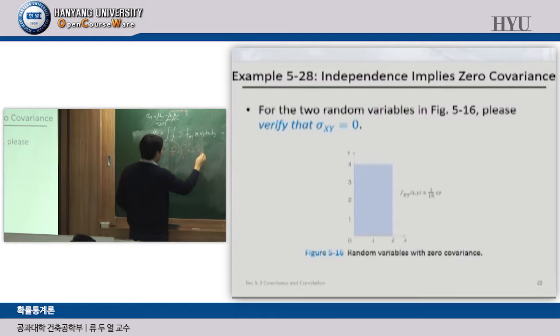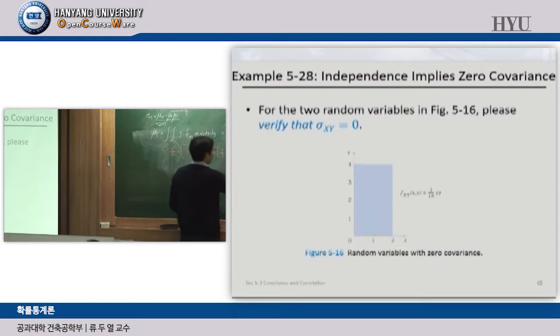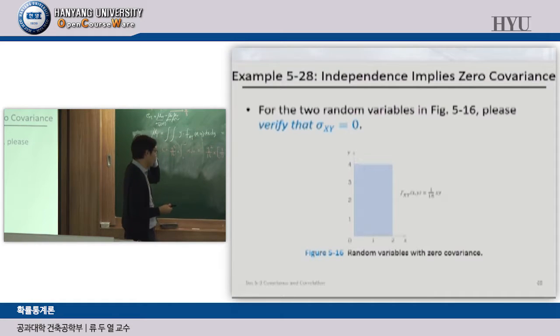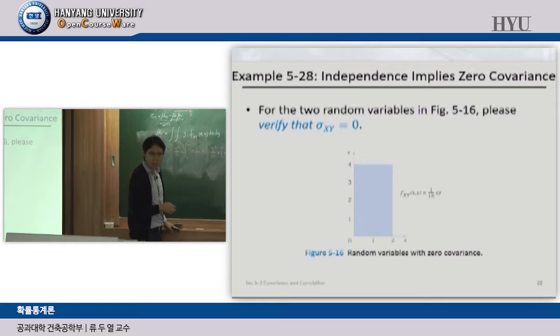So that is equal to y squared over 16 by 1 over 2 by x squared from 0 to 2. And that is equal to y squared over 16 by 4 over 2. And this can be eliminated, and 2 is left here, and 8 is left here. So that is equal to y squared over 8.